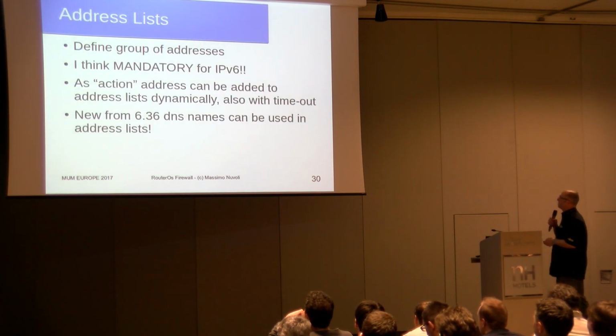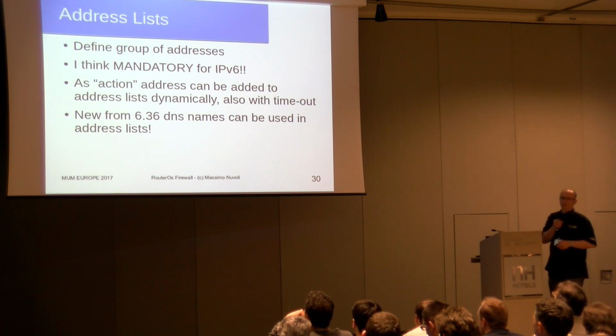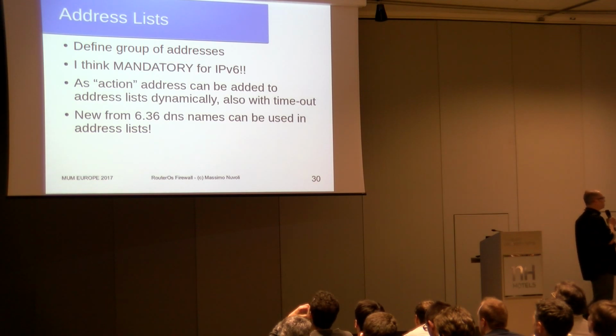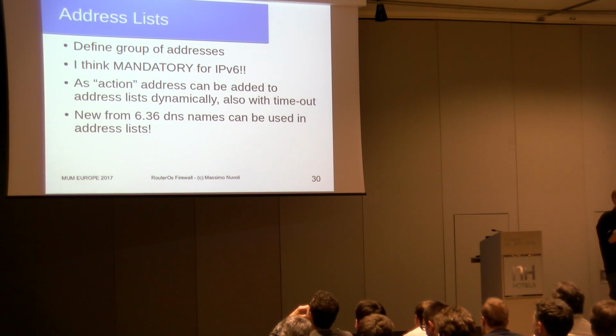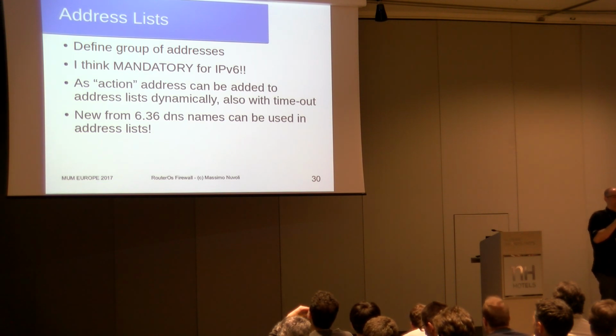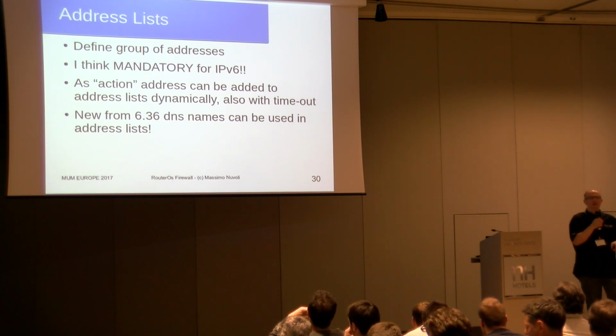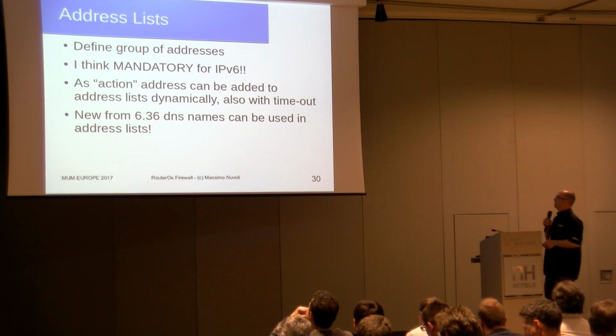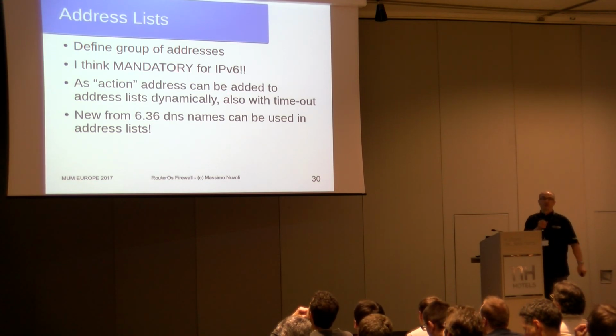Then we also have address lists. This is the most powerful, also to try to never put IP addresses in the firewall configuration. You must do that, but only for the action and destination in NAT. You can define a group of addresses. I think it is mandatory for IPv6.